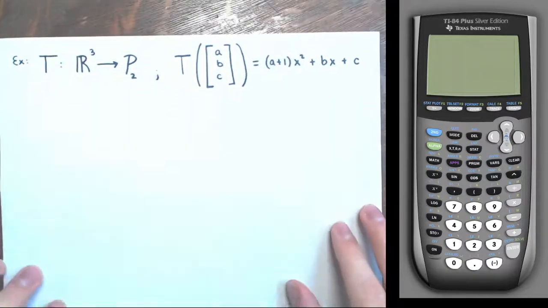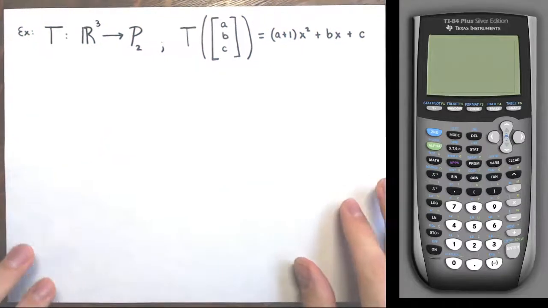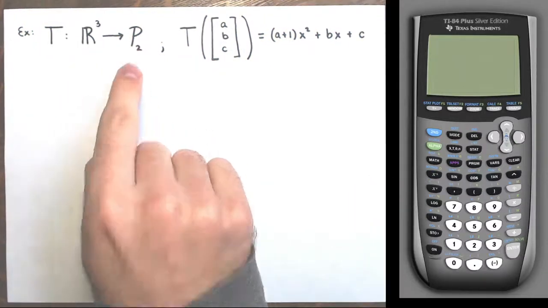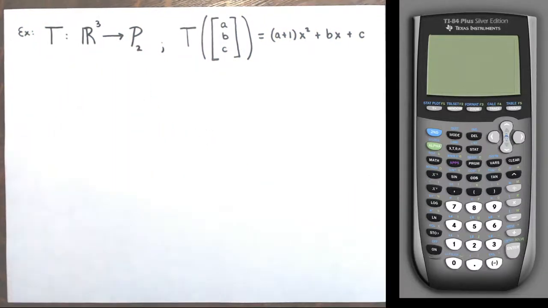Now here's another transformation between the same two vector spaces, R3 and P2, just in the other order. Remember, in the last example I said R3 and P2 were isomorphic, because we could show a transformation between them that was both linear and invertible, an isomorphism.